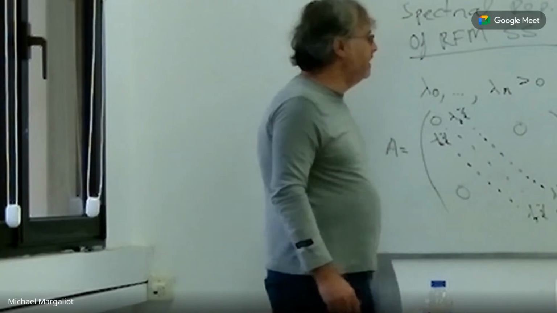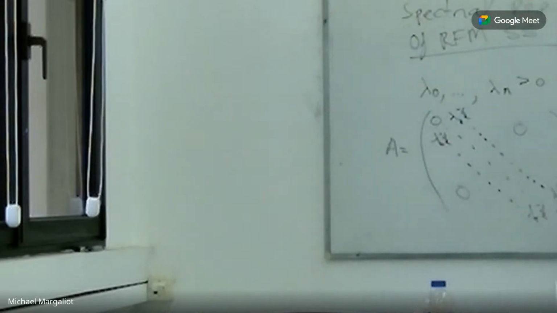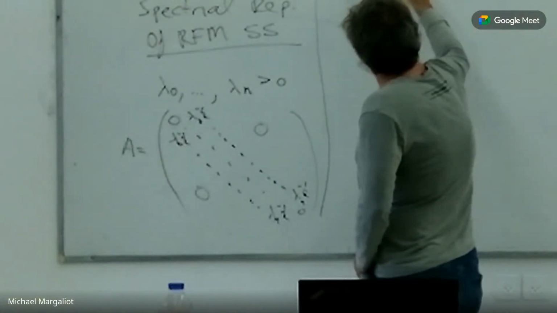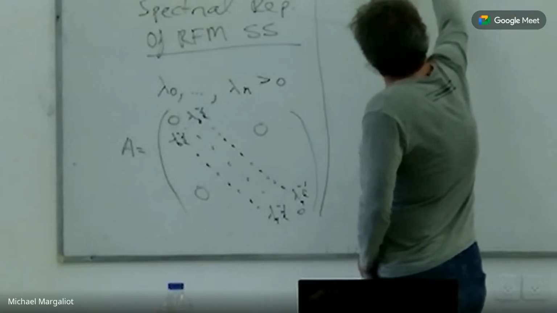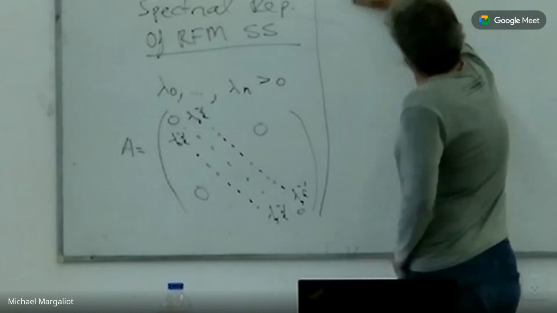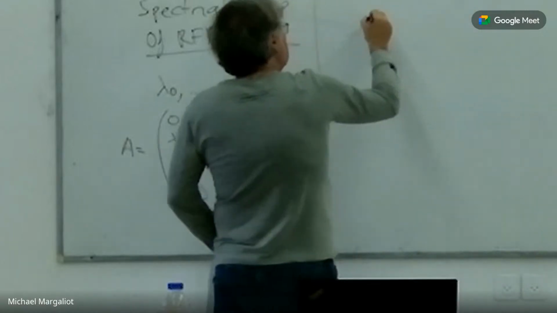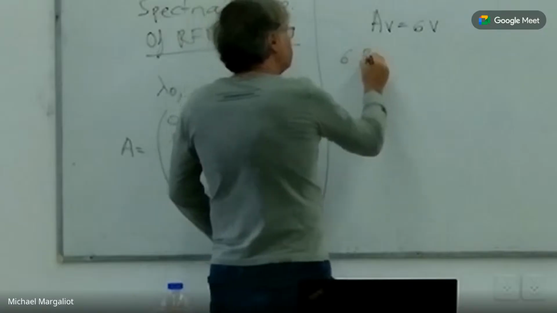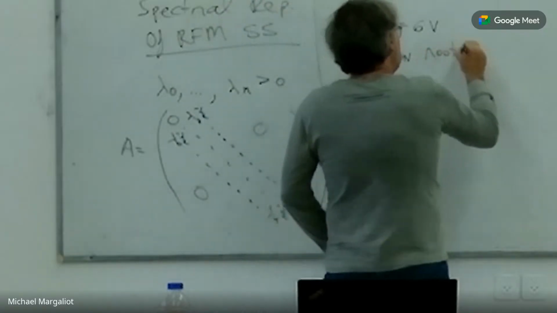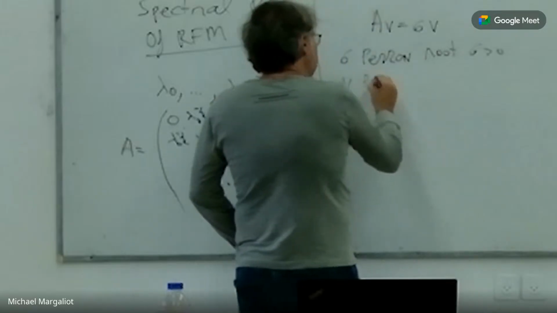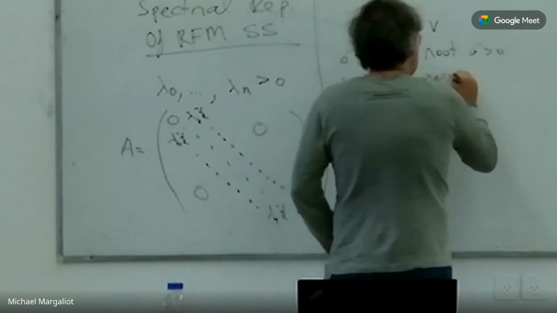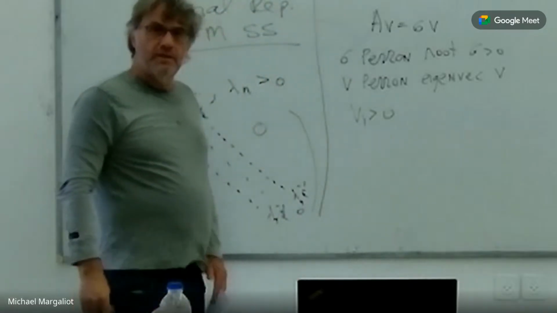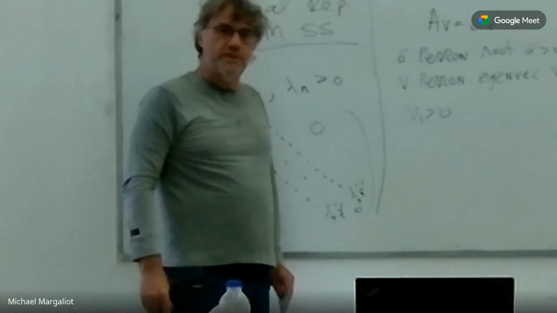And then we take this matrix, and we know from the Perron-Frobenius theorem that there is a Perron root sigma which is positive, and a Perron eigenvector v with every entry positive, such that A v is equal to sigma v.